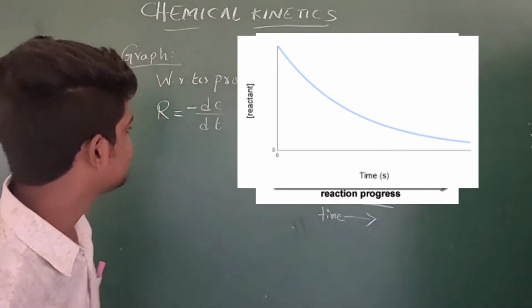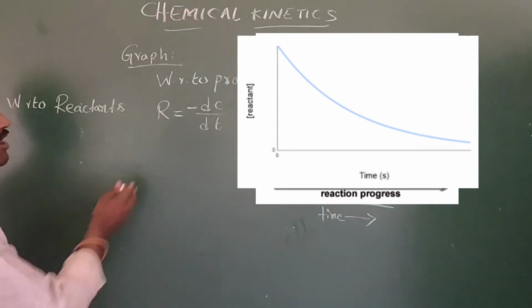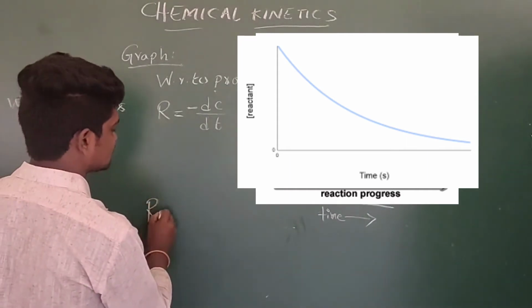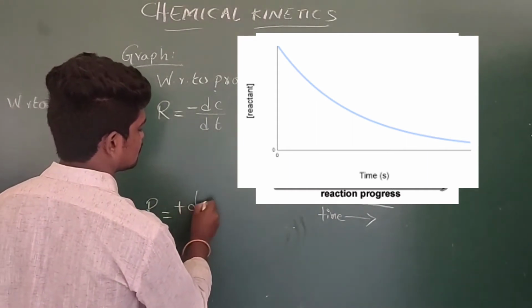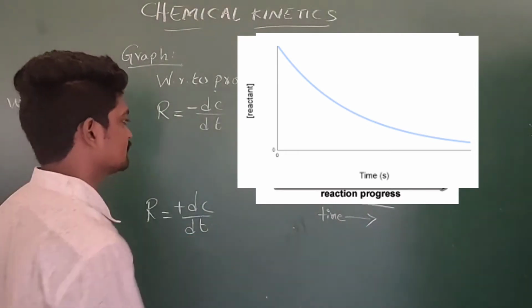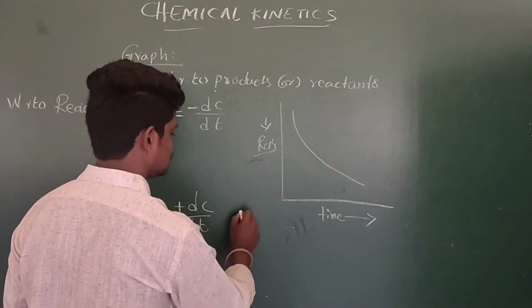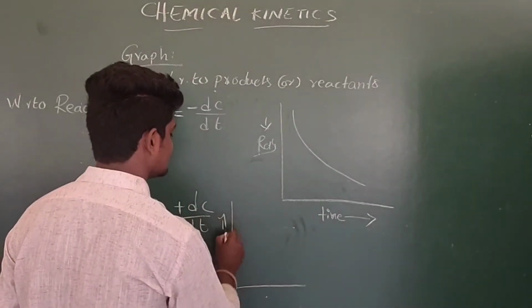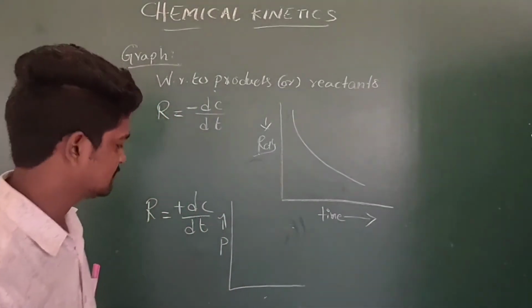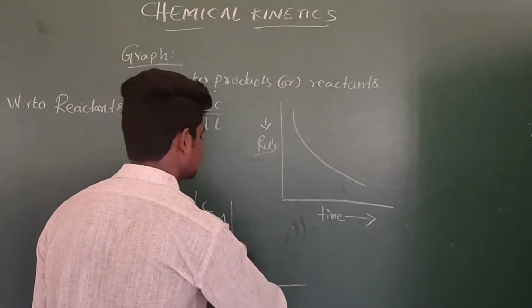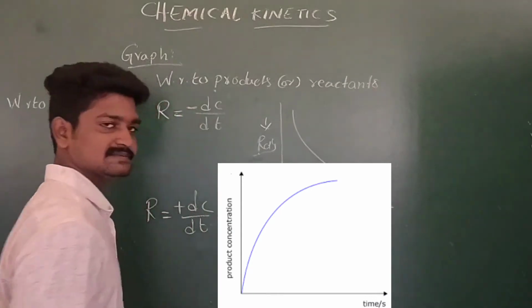Similarly, we can draw the graph with respect to products, where R is equal to delta C by delta T. This is the increase on the product side, and this is the time T. It will increase like this.